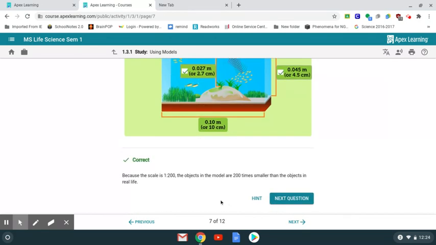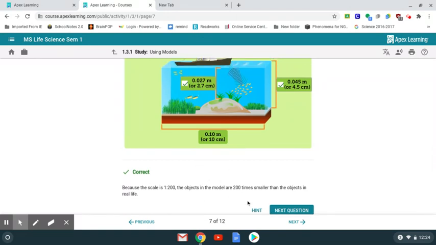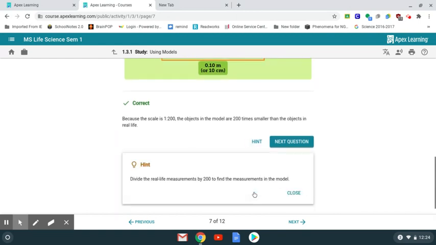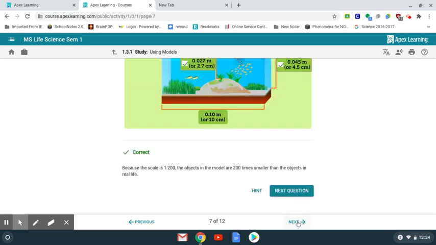Submit. Correct. Because the scale is 1 to 200, the objects in the model are 200 times smaller than the objects in real life. So I'm going to divide everything by 200. So what's the hint say? Divide the real life measurements by 200 to find the measurements in the model. Okay, so it gave me a hint right there.